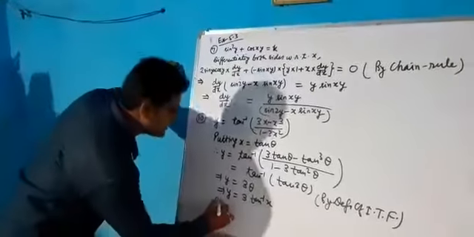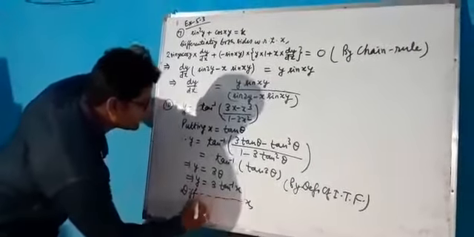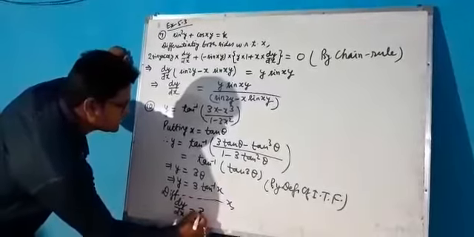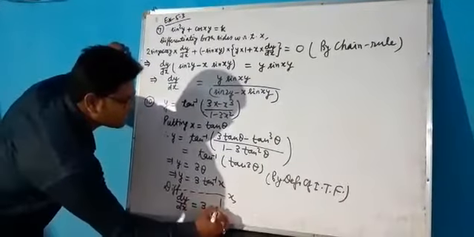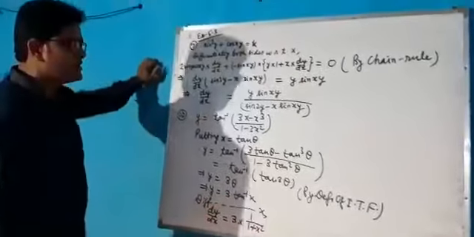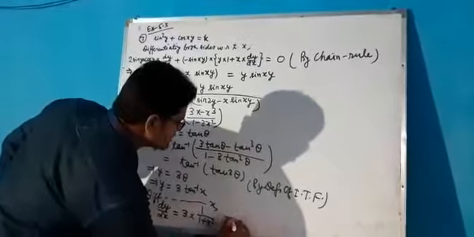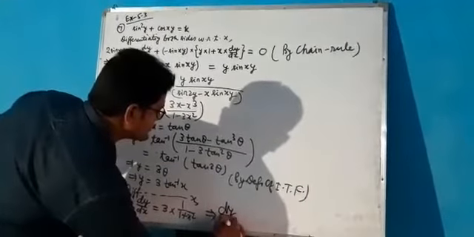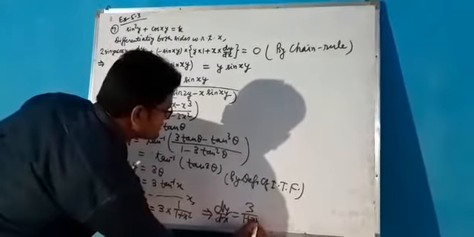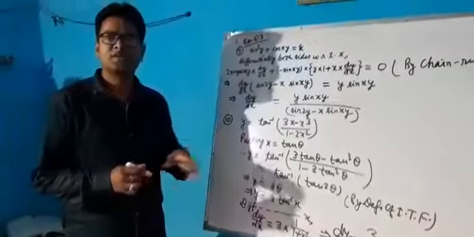Differentiating both sides with respect to x, you will get dy by dx is equal to 3, and derivative of tan inverse x is 1 by 1 plus x square, and that is the standard derivative which I have given you earlier. So the last result is dy by dx is equal to 3 by 1 plus x square. Okay everyone, this is the result.